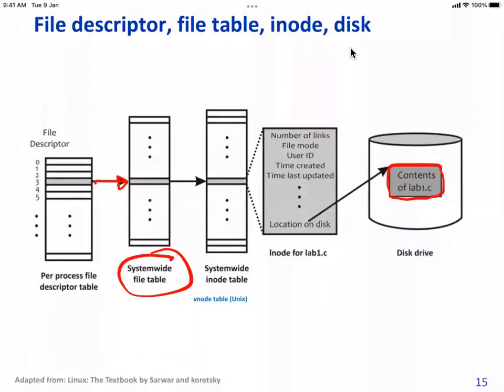Then we have the concept of the system-wide inode table. An inode does not tell you the position of the file pointer, but tells you everything else: where the file is stored, its size, who the owner is, and what the access control mechanism is, who can read and write, etc. All these permissions are also mentioned here.